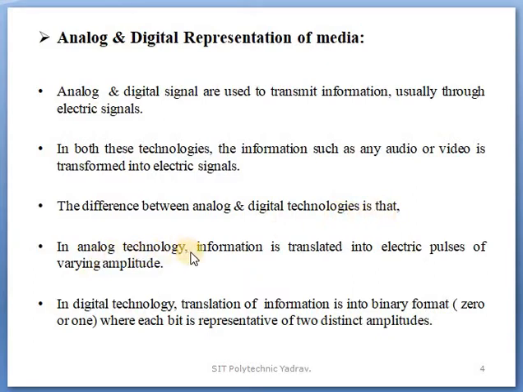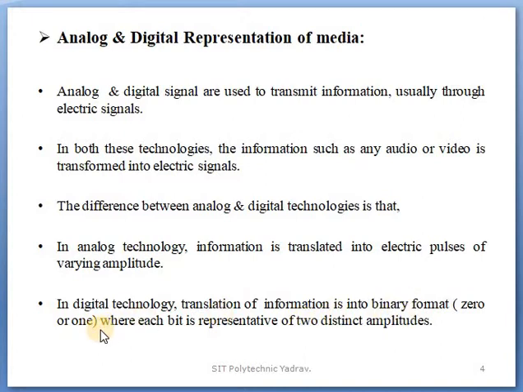The difference between analog and digital technologies is as below. In analog technology, information is translated into electronic pulses of varying amplitude. In digital technology, information is translated into binary format, meaning 0 or 1. You already know binary format.